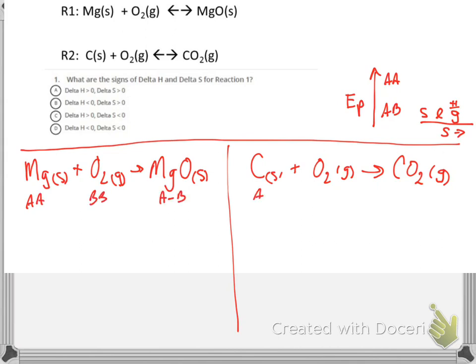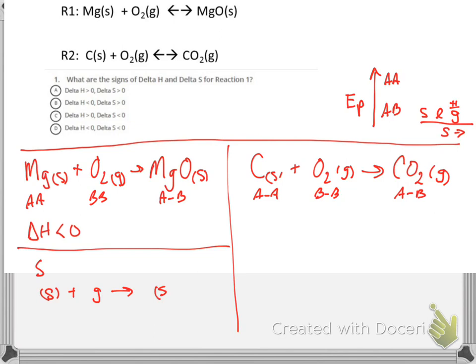Okay, so we make the assignments AA and BB versus AB, and we see that the products have AB bonds and the reactants have AA and BB bonds. Automatically, we can assign delta H is less than 0 because the products have less potential energy than the reactants. For entropy, the primary consideration here is phase.